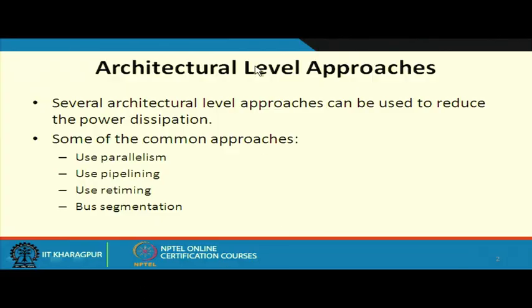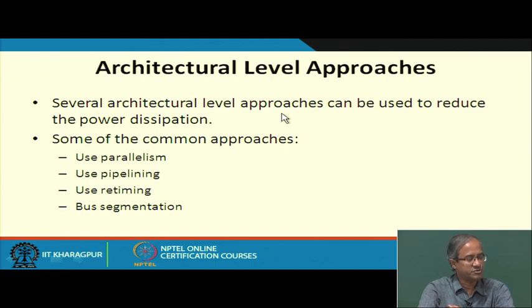Several such architectural level approaches have been proposed by various people, and for some of the methods we shall be explaining the essential idea behind it. These methods can be used again to reduce power. Some of them use parallelism, pipelining, retiming and something called bus segmentation.